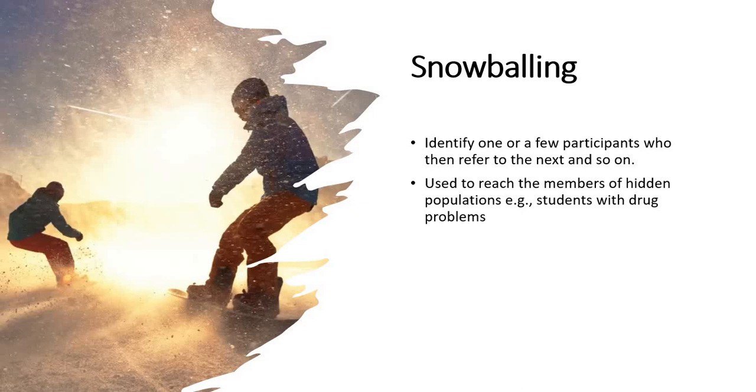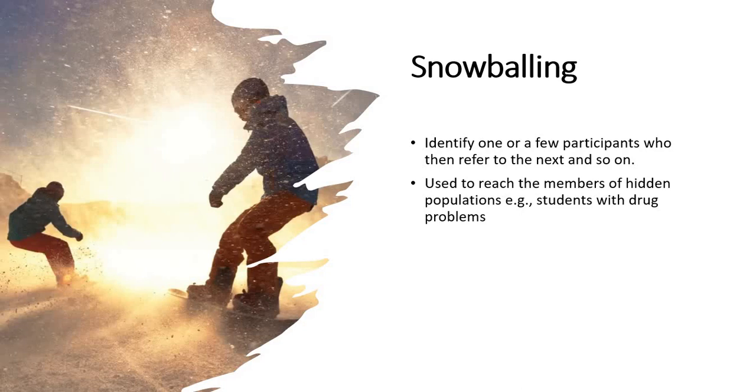So there is no list for them. However, one student who is addicted to a certain substance is likely to know other students who are addicted to the same substance. So we select one student, and that student will then lead us to other students. This is called snowball sampling.